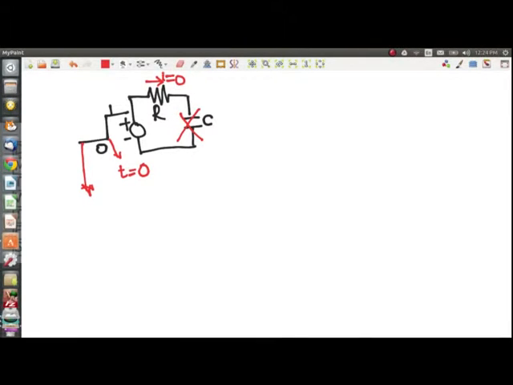If this current is 0, that means the voltage across the resistor, because of Ohm's law, is also 0, which means this node is at the same potential as this node, and since this is at 0, this voltage is also at 0. So because the capacitor is an open, we know that this voltage is going to be 0.